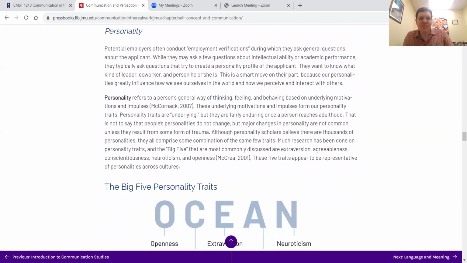So we look at personality as another part of perception. I'm very much an introvert, a very strong introvert. So sometimes people say, "Hey, Bradley, you're so unfriendly. Why aren't you talking to me?" It's like, I'm sitting here, I'm listening. I feel like I'm part of the conversation. I just don't feel a need to talk all the time. I'm very content just sitting there listening to somebody else.